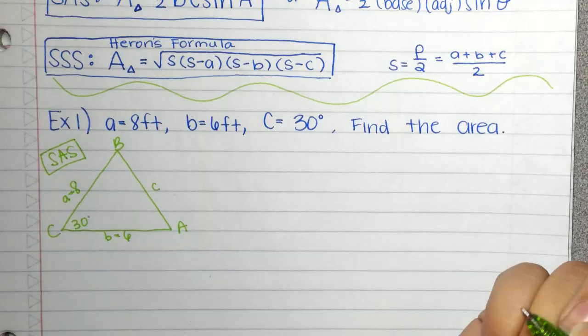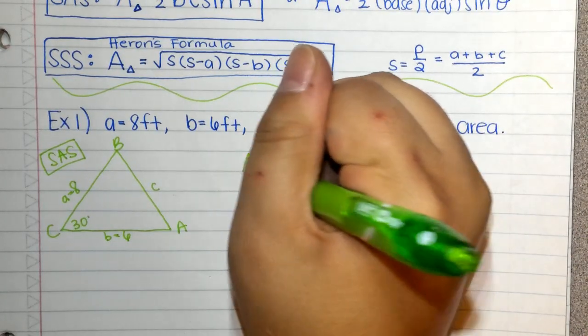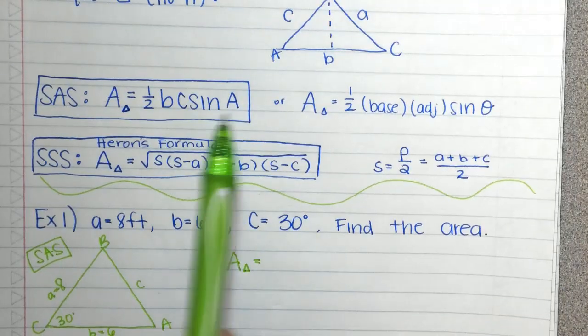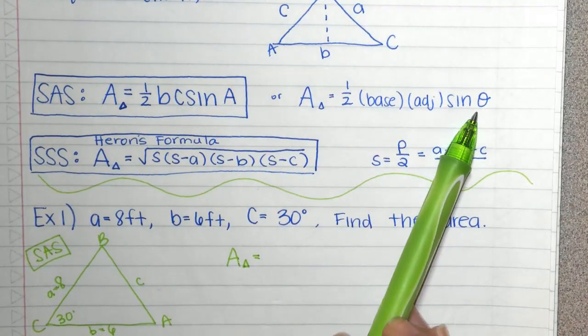So now I'm going to write the formula down. Again, I do not care which formula you use. You could either use this one so that it works for all of them, or you can put the letters in.